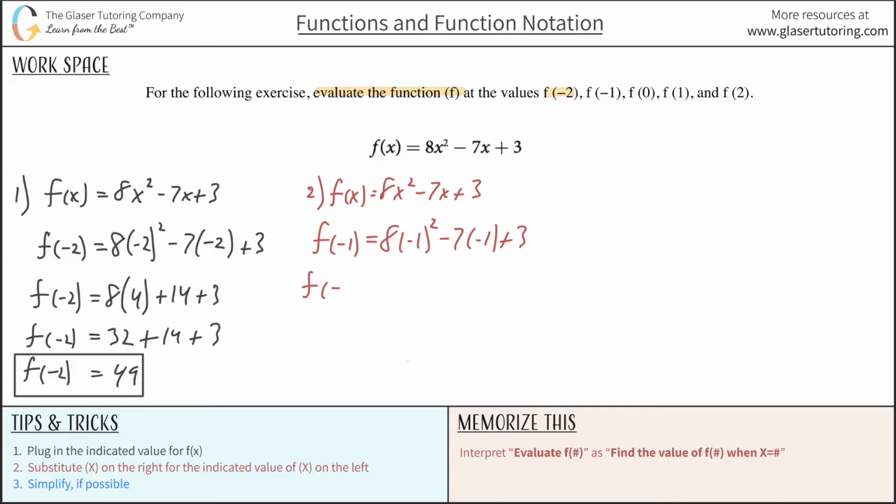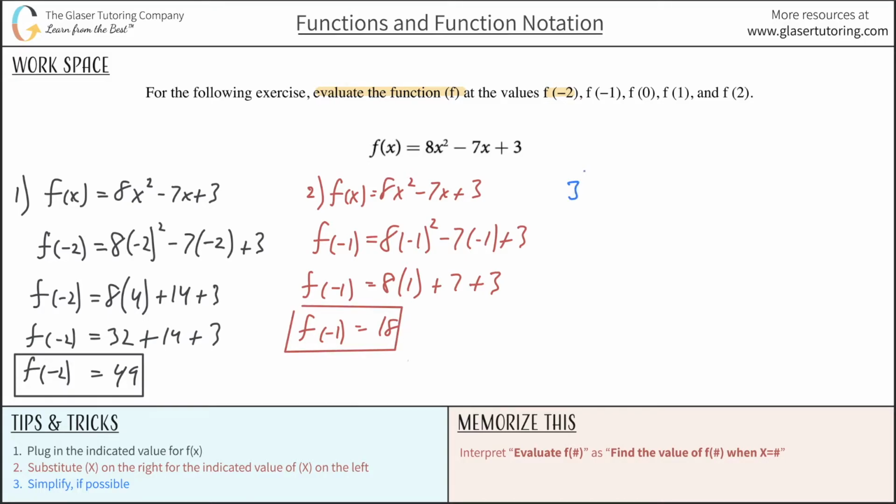Now f of -1 will be equal to 8 times 1 plus 7 plus 3. So this is essentially 8 plus 7, which is 15, plus another 3 is 18. So there you go.